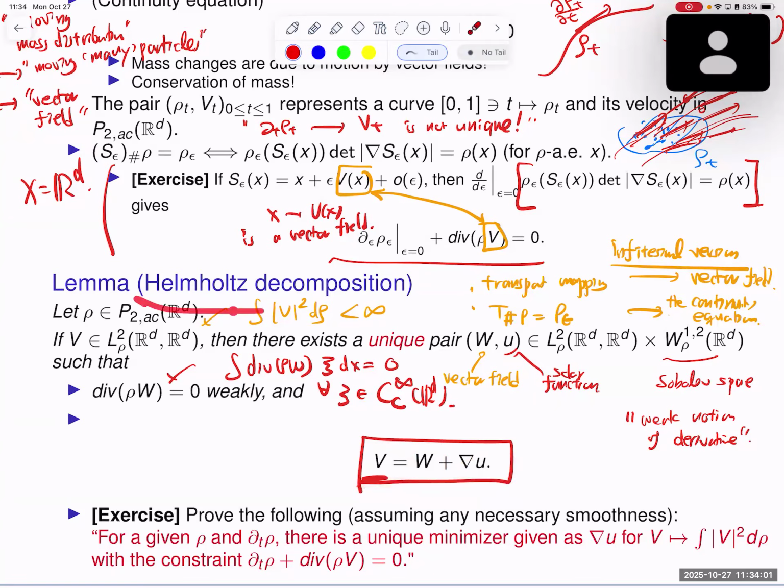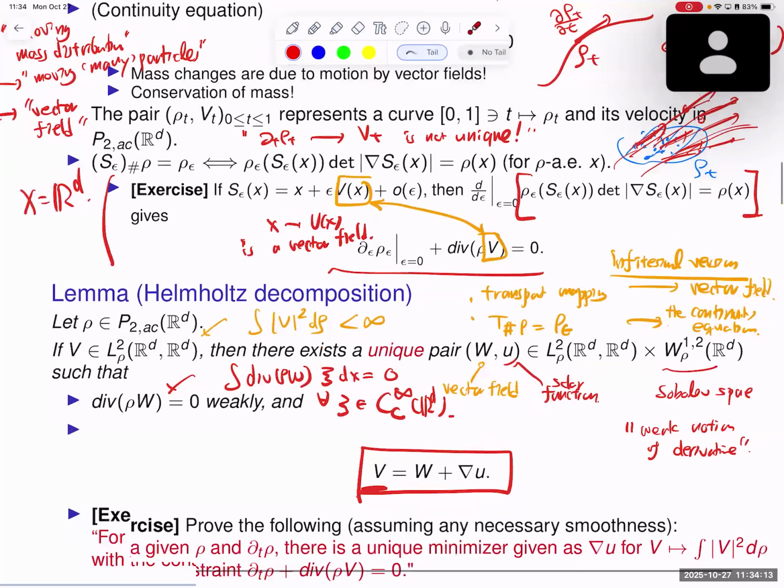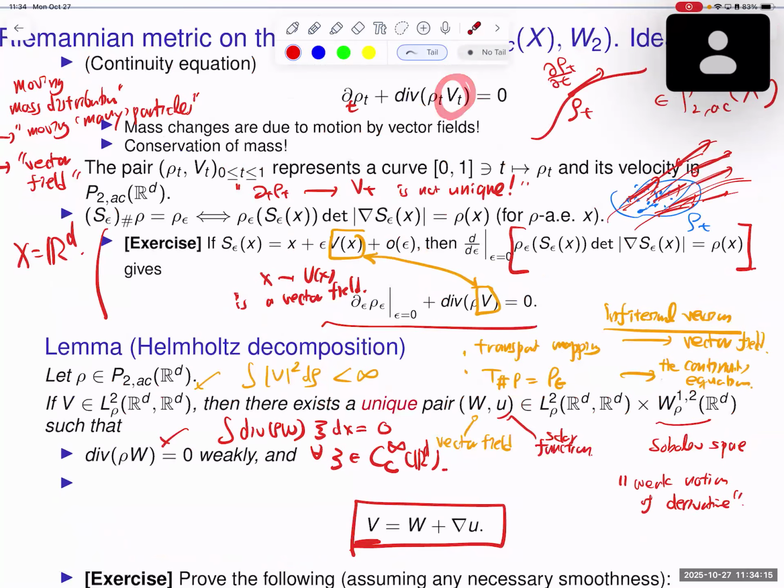That is what the Helmholtz decomposition generalizes. So any such vector field is given by a rho-divergence-free vector field plus the gradient of u for some u.